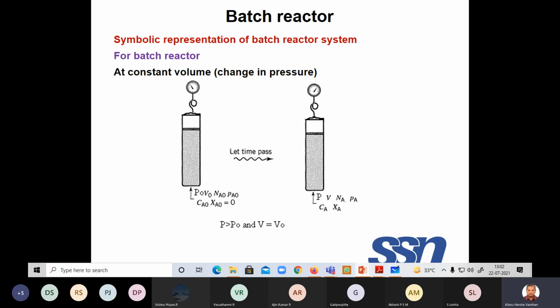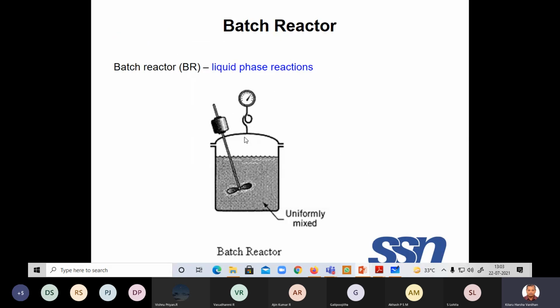Let us do some derivation based on the constant volume. If there is a constant volume, then there can be a change in the pressure, right? So what is a batch reactor first? A batch reactor is a vessel in which a stirrer is there.